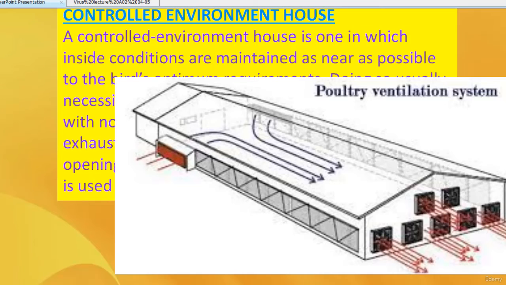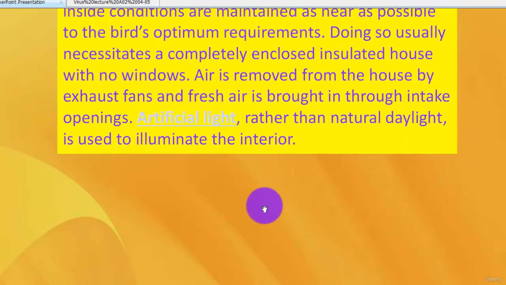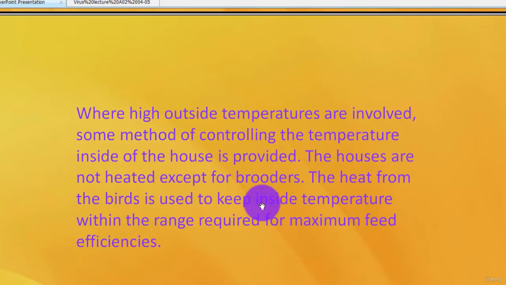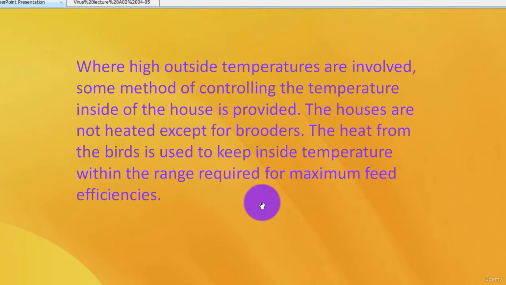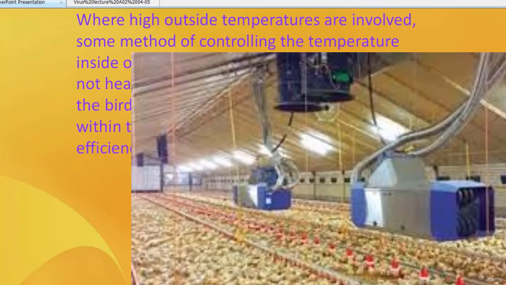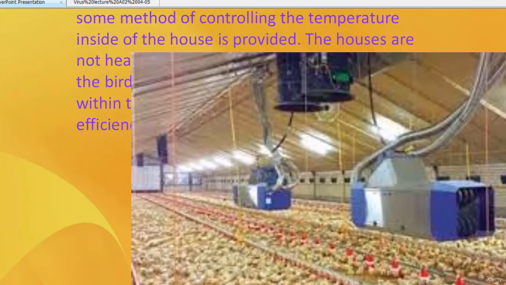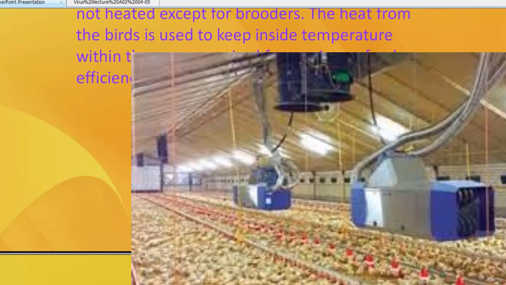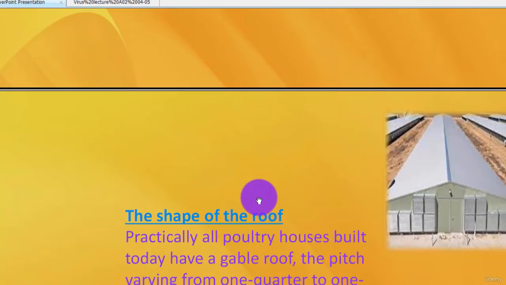Artificial light rather than natural daylight is used to illuminate the interior. Where high outside temperatures are involved, some method of controlling the temperature inside the house is provided. The houses are not heated except for brooding. The heat from the birds is used to keep the inside temperature within the range required for maximum feed efficiency.